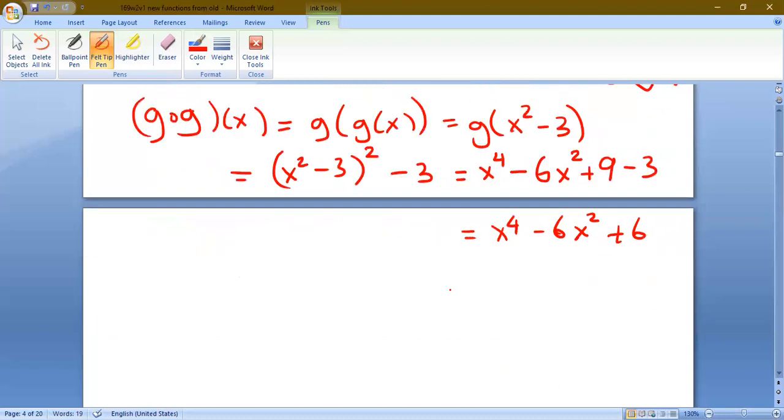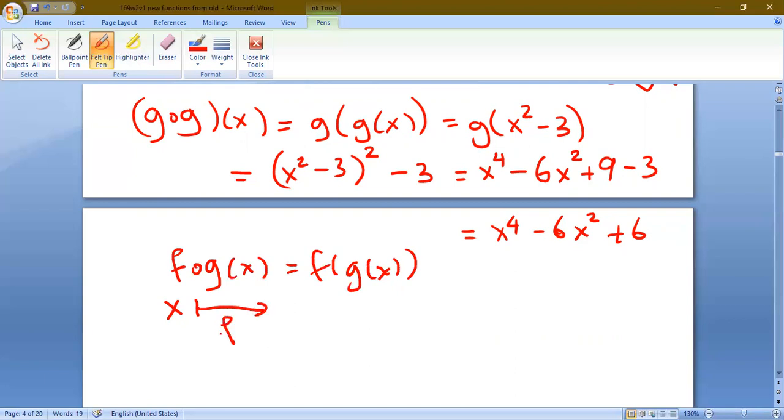Okay, so this is a very important way of obtaining functions. So what happens is we start with some x. Let's say we are talking about f of g of x. So first we will apply g, it will be g of x.